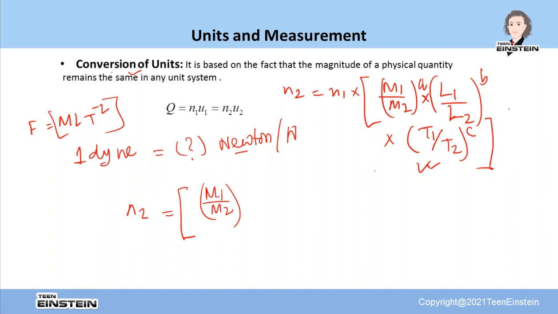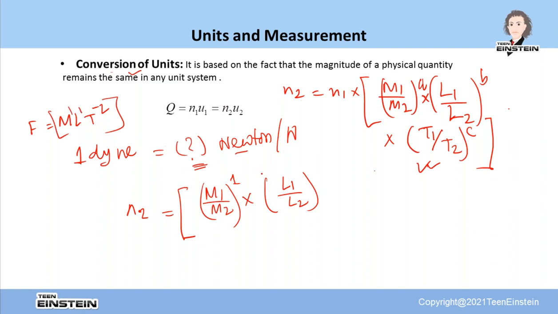So when I am writing this N2, that means I am just finding out in the second unit system. Look, M is equal to 1. Again L means L1 by L2.